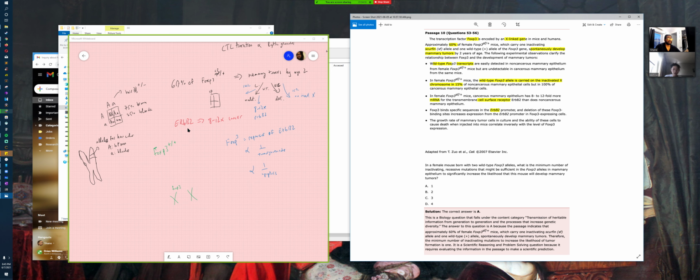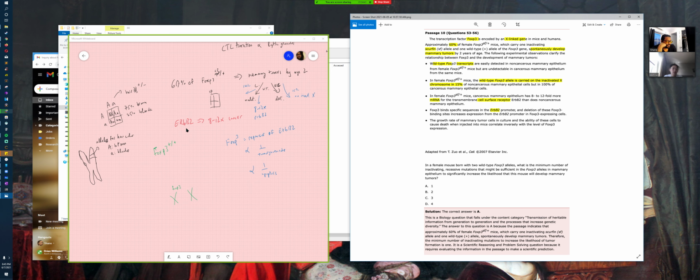It's more convincing, but the answer just said that it's based on the 60%. Passage indicates that approximately 60% of females which carry just one get tumors. Therefore, the minimum number of inactivating mutations to increase the likelihood of tumor formation is one.